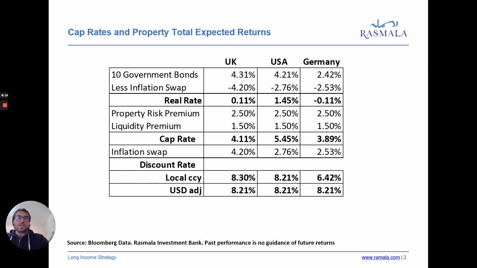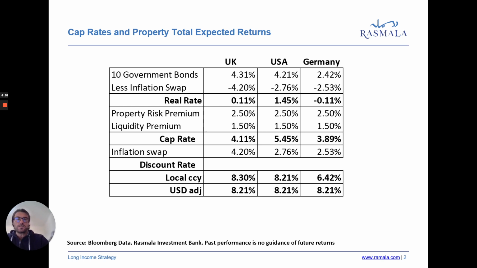As far as the nominal yields of interest, well, they are increasing because inflation is increasing. So when we add back that inflation, using inflation as a proxy of the growth, because we just make an assumption that rents over time increase with inflation, that gives us an expected total return of the property: 8.3 for the UK, 8.21 for USA, 6.42 for Germany.